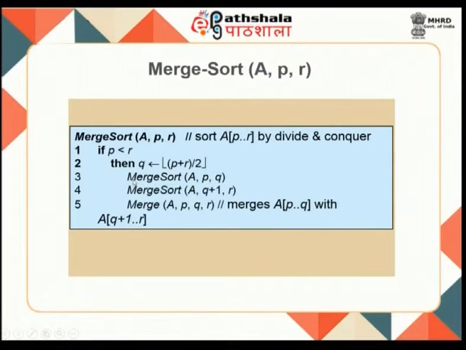So I am just calling the merge sort from P to Q and from Q plus 1 to R. And once I recursively call this, this leads to the sorted array of the sub arrays. Then finally I am trying to merge everything to get the global list.